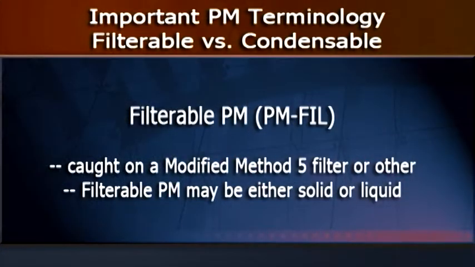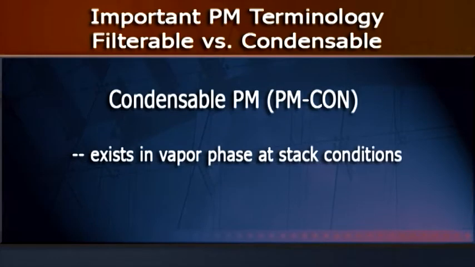Point sources may emit either filterable or condensable PM or both. Filterable PM gets its name from those particles caught on a stack test filter, such as Modified Method 5 filters. They are abbreviated PM-FIL. They are directly emitted and may be solid or liquid. Condensable PM, on the other hand, exists in the vapor phase at stack conditions.